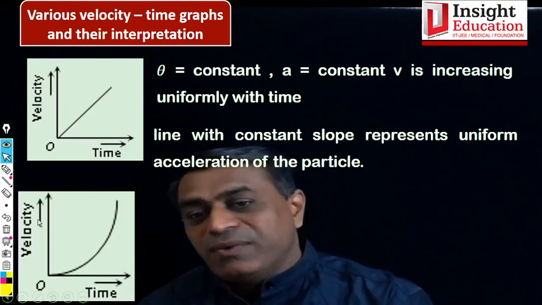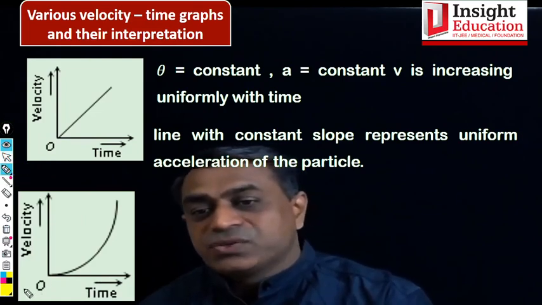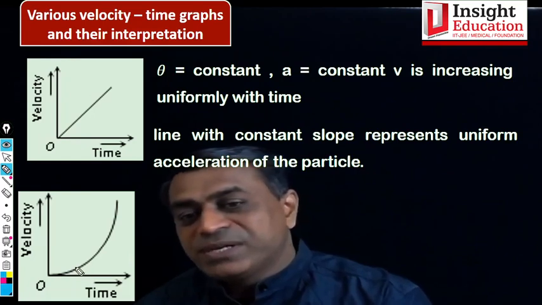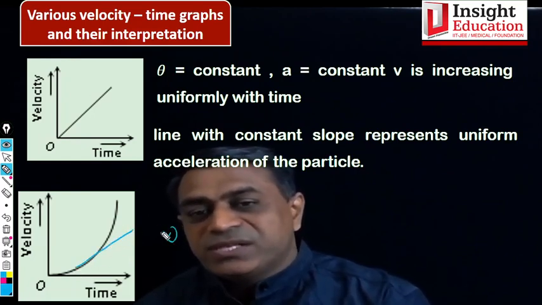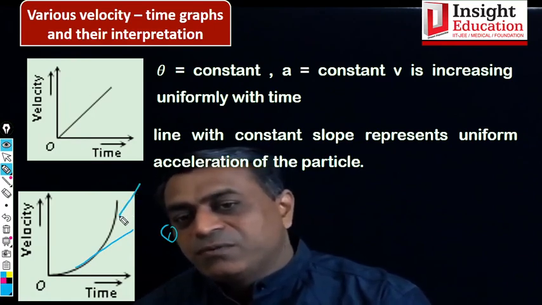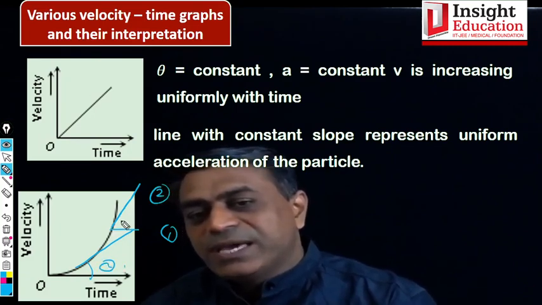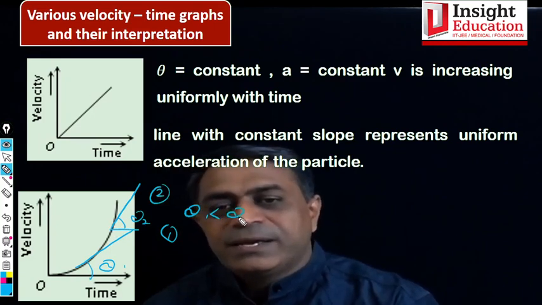Here, in the velocity-time graph, the slope of the line represents acceleration. Now compare acceleration for case 1 and case 2. The slope increases: in the first case theta 1, in the second case theta 2, and theta 1 is less than theta 2.